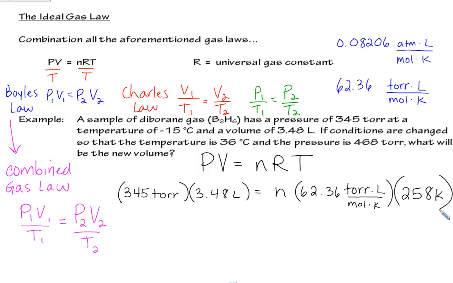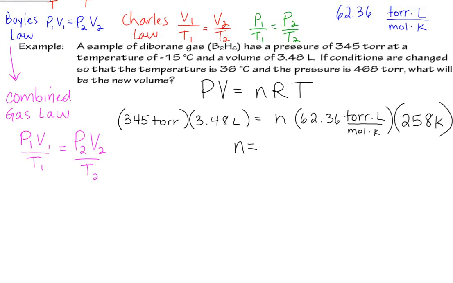Okay, so here might be one option, because again, all you have in the packet is PV=nRT, and so you might say, well, I have all these initial conditions. I could solve this for moles. Moles, let's see here. We plug this in our calculator. I'm going to grab myself a little more room. Let's go 3 sig figs.